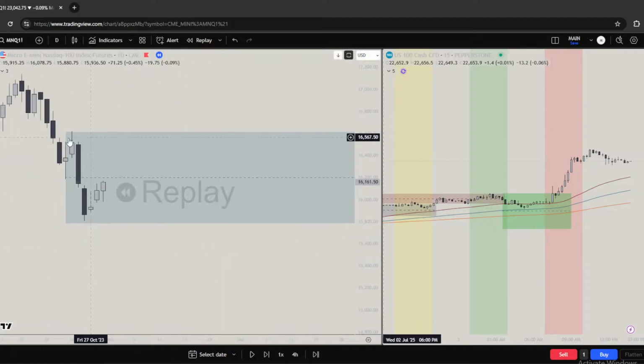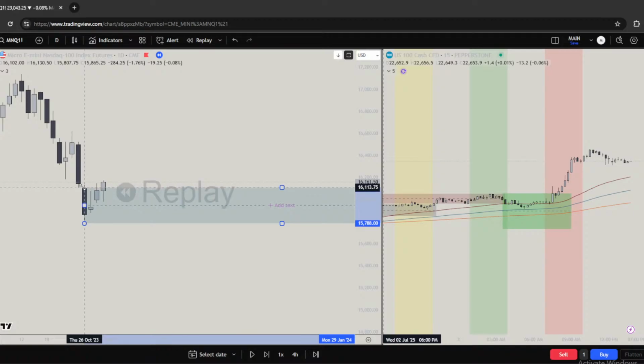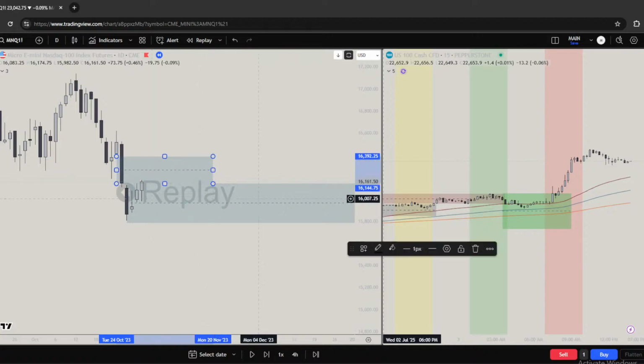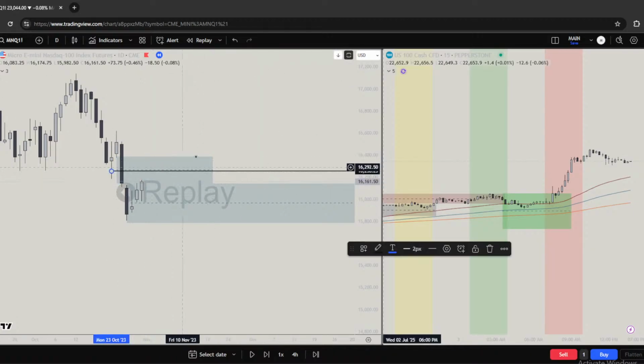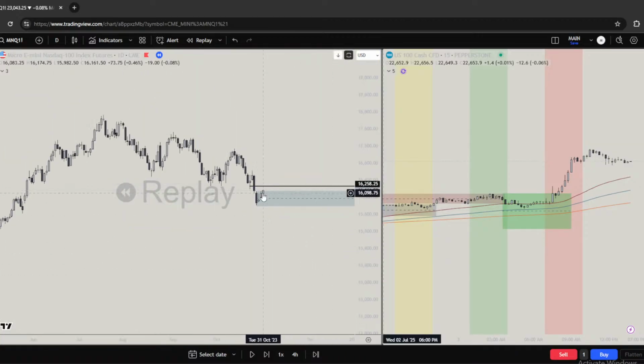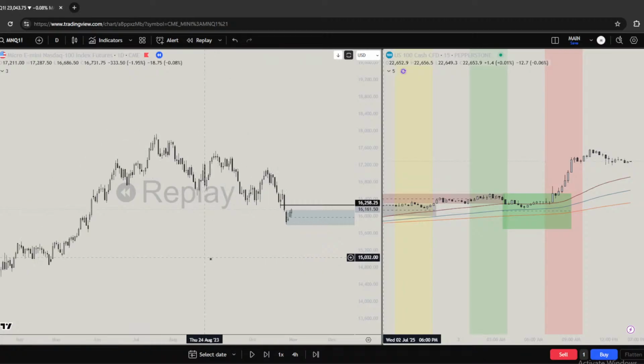Price coming up to this daily FVG. What has price done?